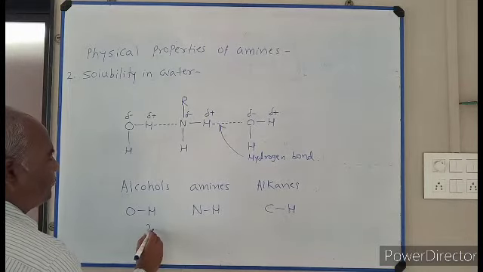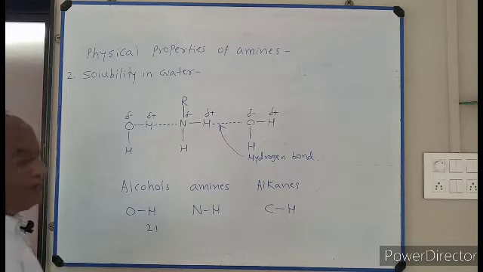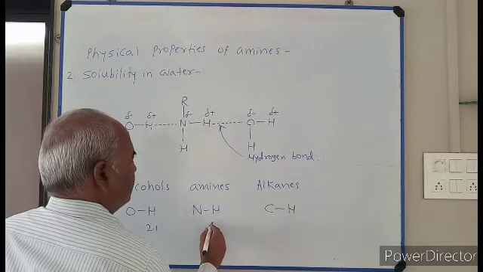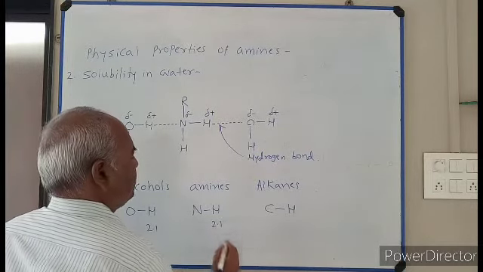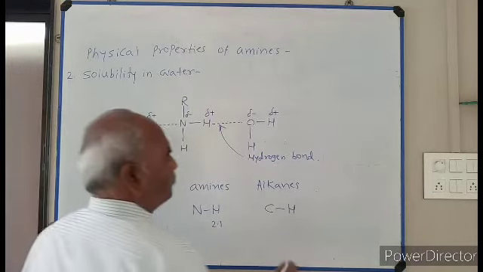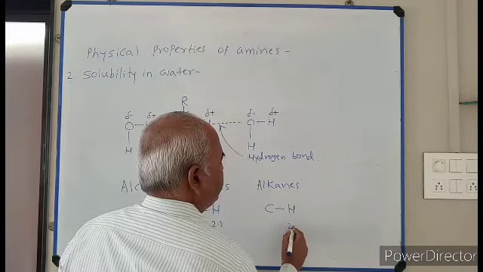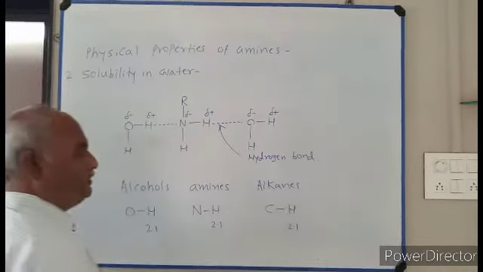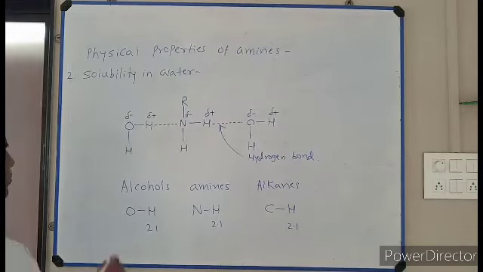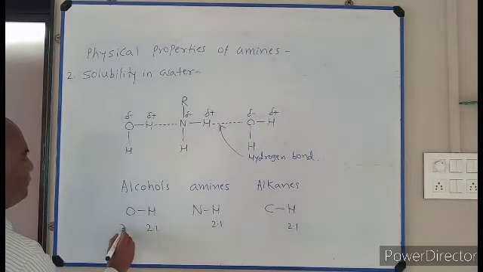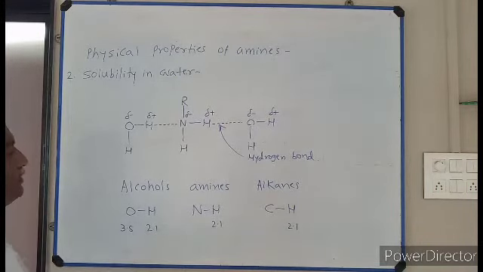Electronegativity of hydrogen is 2.1. Electronegativity of oxygen is 3.5.